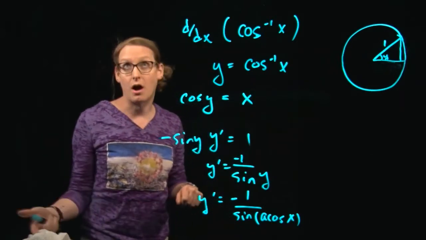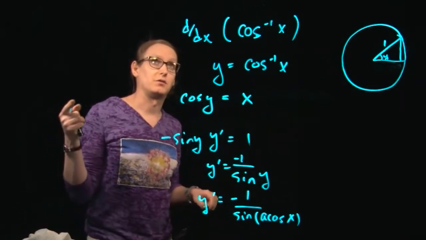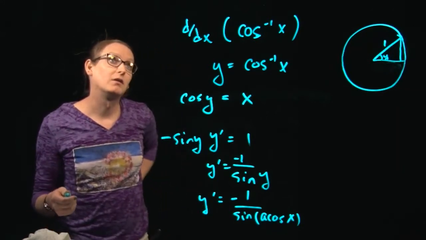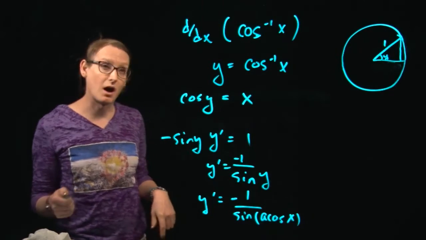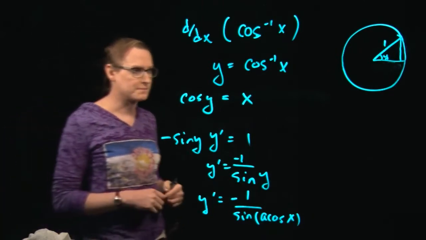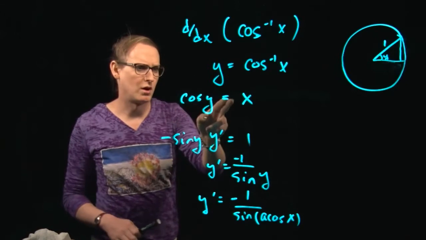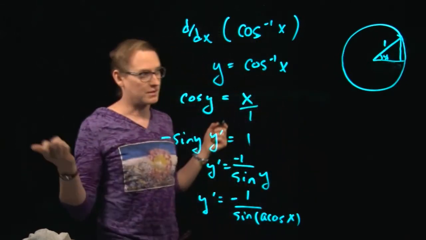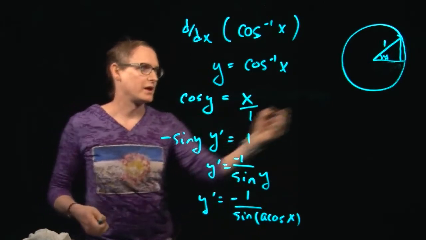So, soh cah toa: sine is opposite over hypotenuse, cosine is adjacent over hypotenuse. So I want adjacent over hypotenuse. The hypotenuse is 1, right? Here's the hypotenuse.